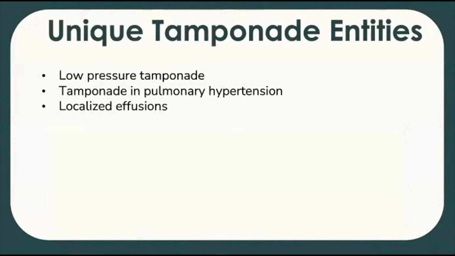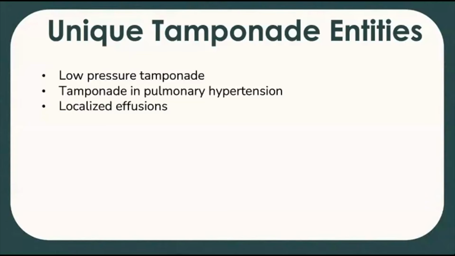Just some unique tamponade entities. The reason I wanted to bring these up is because they don't necessarily have the classic findings of tamponade, so they can be a little bit easier to miss. Low pressure tamponade is basically a form of tamponade where you have relatively low pericardial pressures, which is opposite to what you usually see in tamponade, but you have cardiac compression anyways because of the low filling pressures inside the chambers.